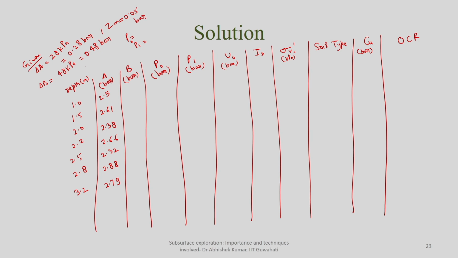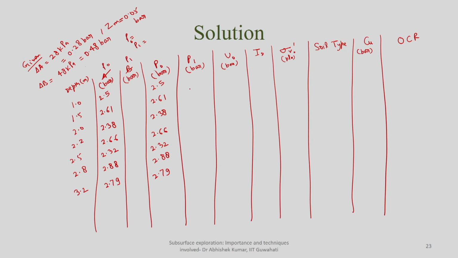So based on that I am determining the value. This is P naught, and this is P1 which has to be here. I am just copying these values here: 2.61, 2.38, 2.66, 2.32, 2.88, 2.79.